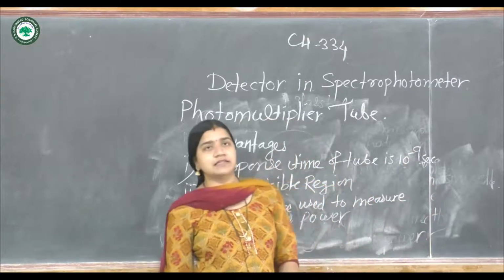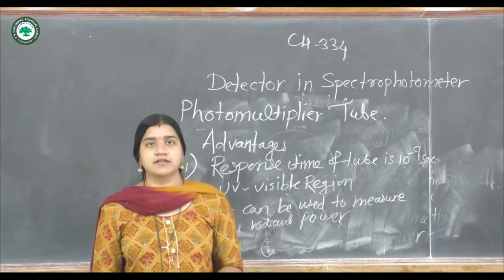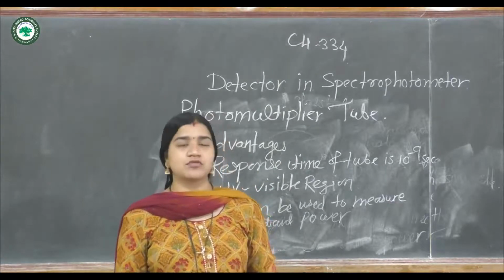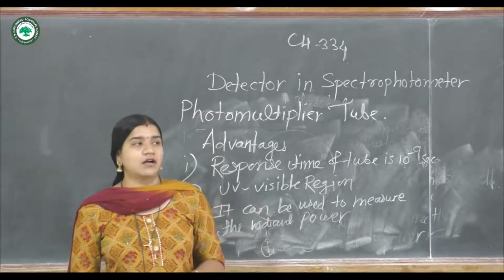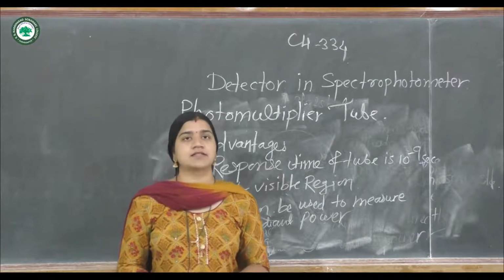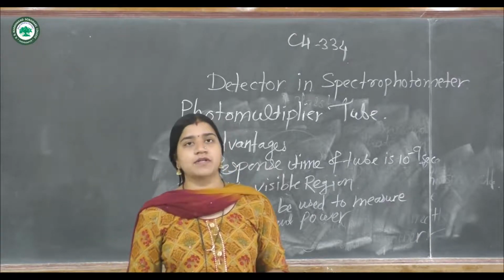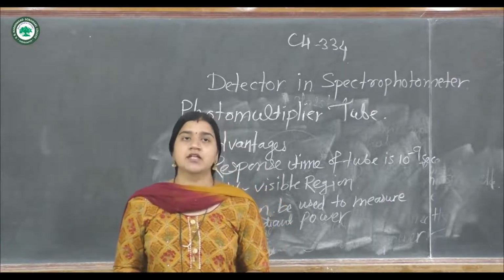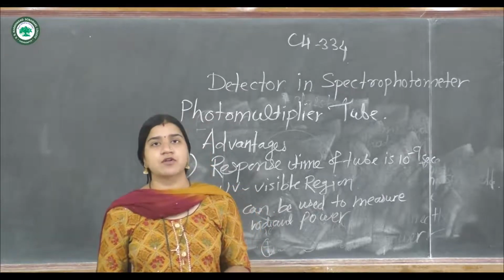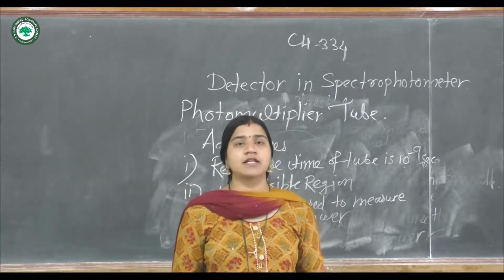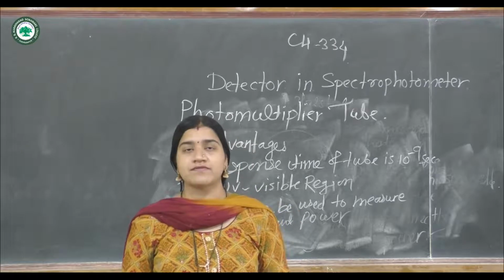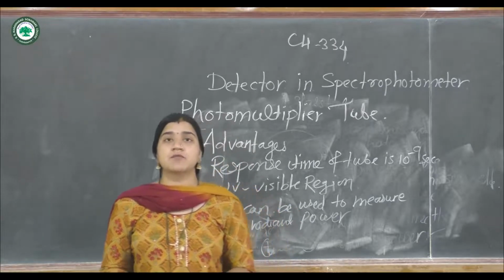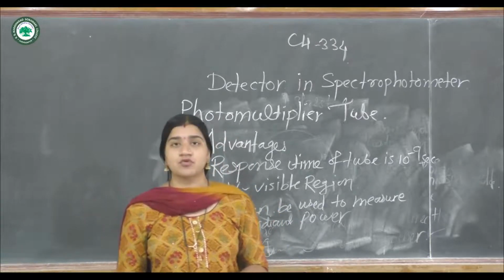So all these are about the detectors: photomultiplier tube, phototubes and the photovoltaic cells. These are the three most commonly used detectors. Here the instrumentation of the spectrophotometer is completed. We started with the source of radiation. Then the second most important point is the monochromator.